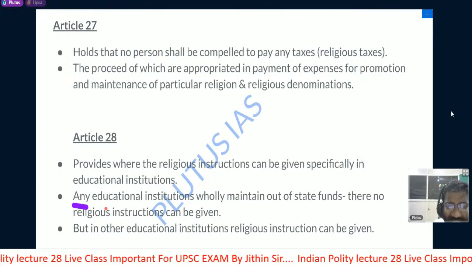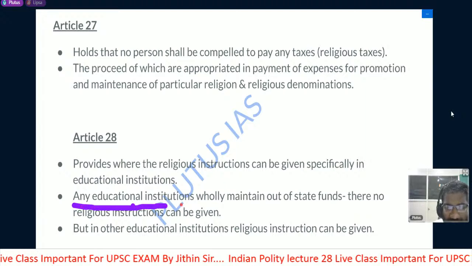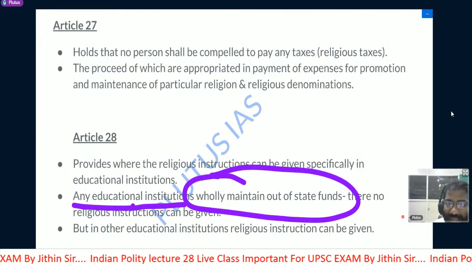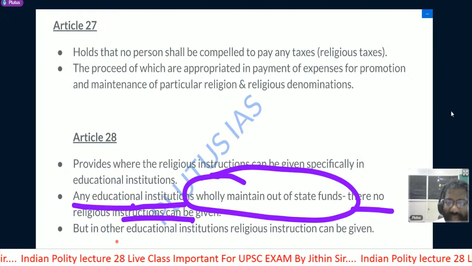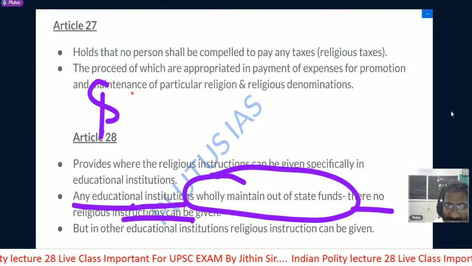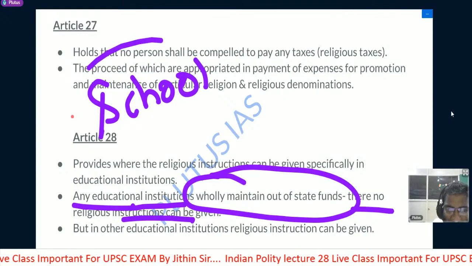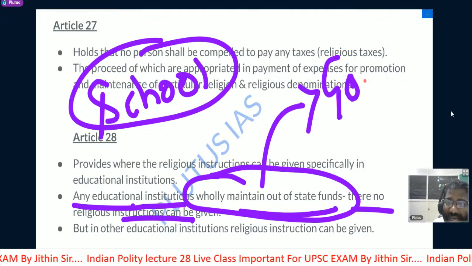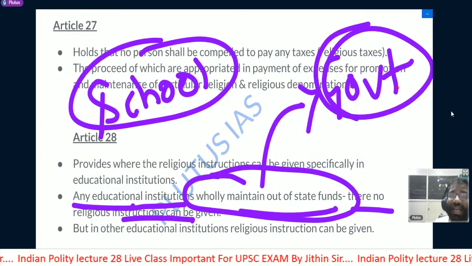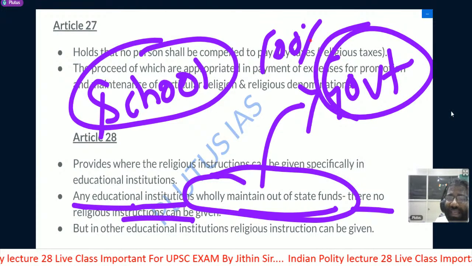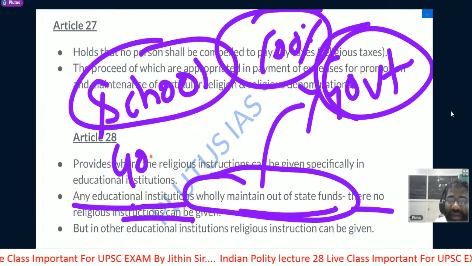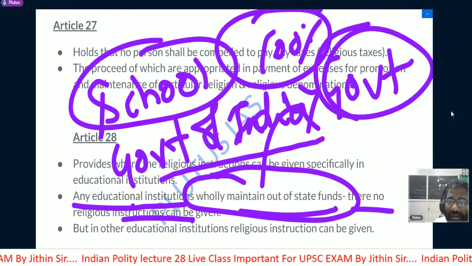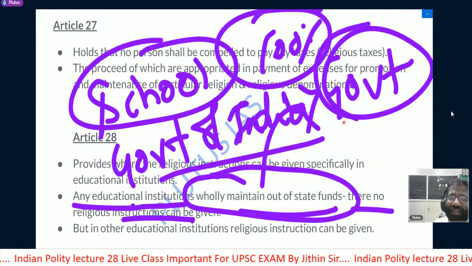See, any educational institution wholly maintained out of state fund, there no religious instructions can be given. That means suppose a school is run by state fund, that means completely 100% money is spent by the Government of India, there no religious instruction can be given.